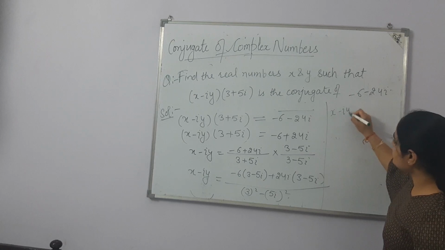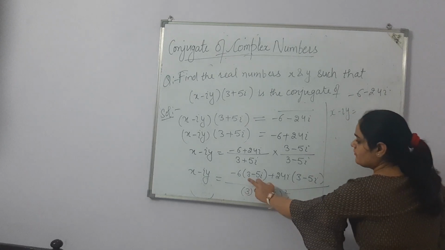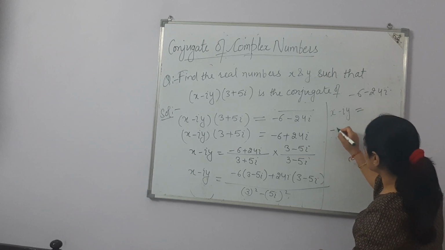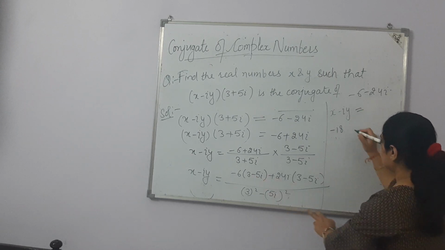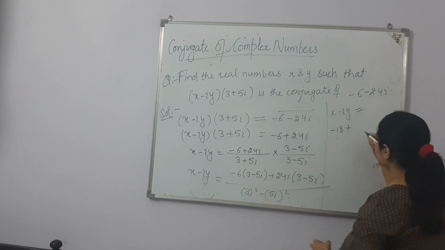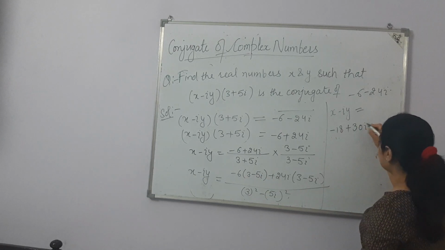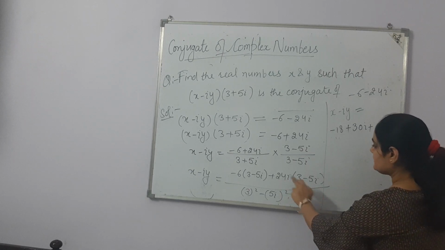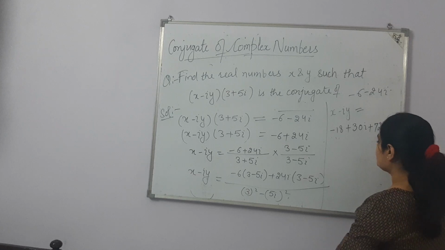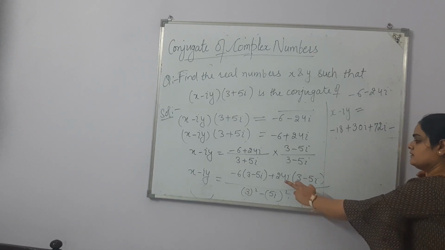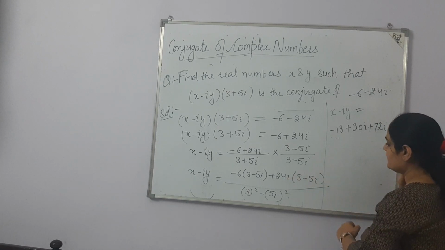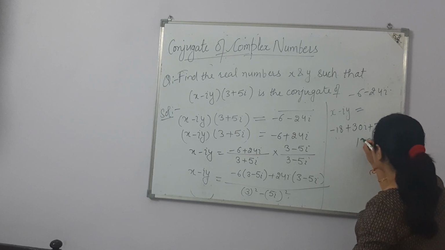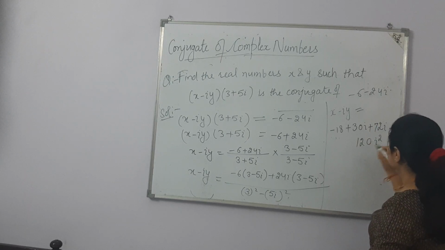Now we'll multiply. x minus iota y equals minus 18, minus times minus is plus, 6 fives are 30, plus 30 iota, plus 72 iota, minus times minus 24 into 5, it's 120 iota square.